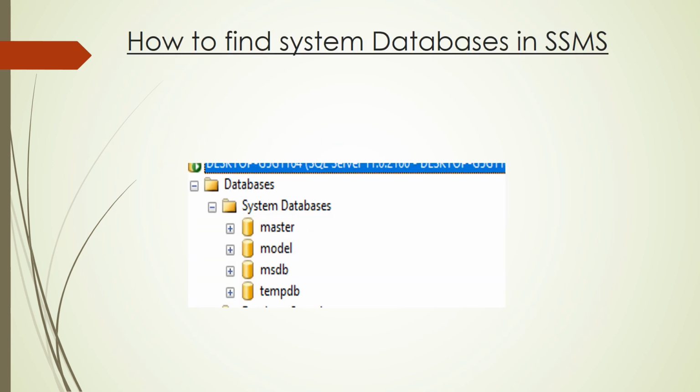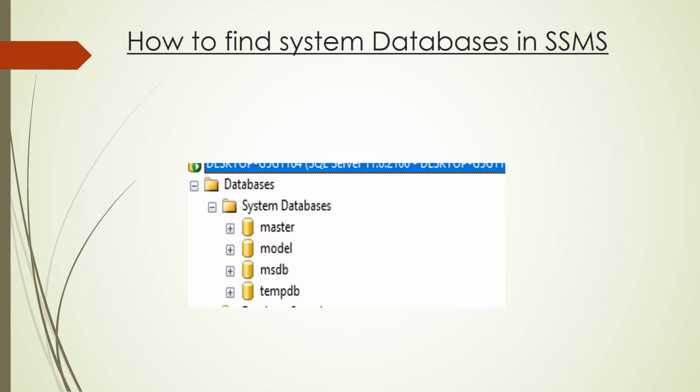Now, how to find system databases in SSMS? When you install SQL Server, your product is installed on your machine, and you also install the client, that is SSMS. Now you need to connect to the server.